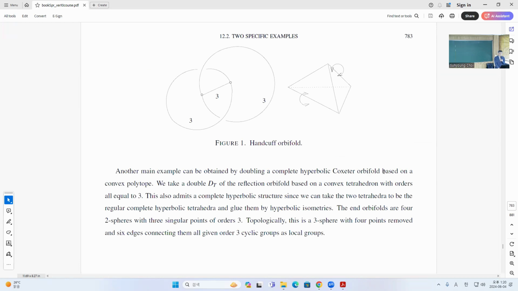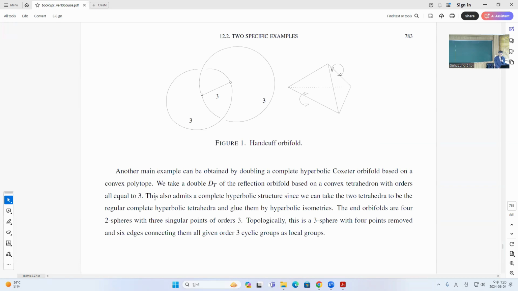Okay, and another example is, you take a complete hyperbolic Coxeter orbifold based on a convex polytope. So we take a reflection orbifold of a convex tetrahedron with orders all equal to 3. So you take a convex tetrahedron Coxeter orbifold with orders equal to pi over 3. That means angles are pi over 6 here.